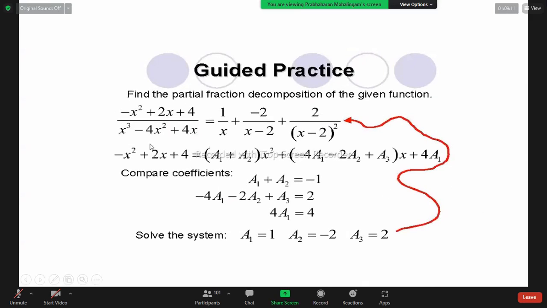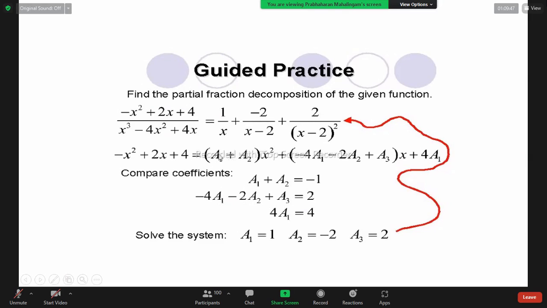You see, this is the manner. Here minus 1 is there, here 2 there, here 4 is there. Suppose A1, A2, which one is x square? These two adding should be the x square coefficient. So A1 plus A2 is minus 1, because minus is there, minus 1. That is the x square component. The x component is 2. That is why minus 4A1 minus 2A plus A3 is equal to 2.